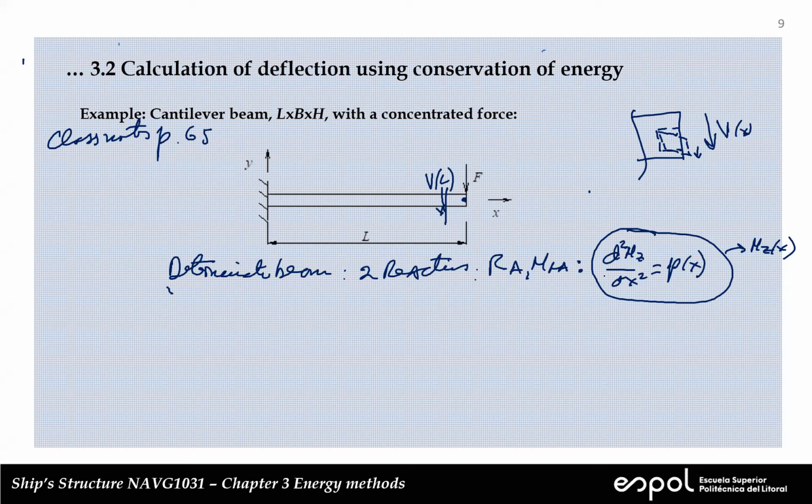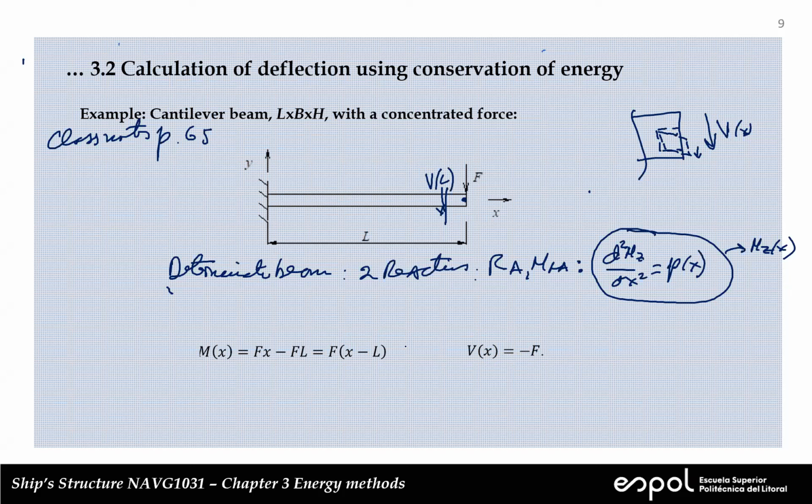I'm not going to solve it, and this is the solution. You can check it. You can see that this is constant, and all over the beam, the shear force is equal to minus F. So at the end, it's going to be that. And you can evaluate this at L, so you're going to have M equal to 0. So those are the two boundary conditions.